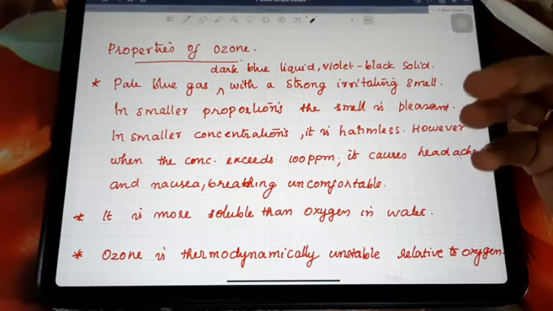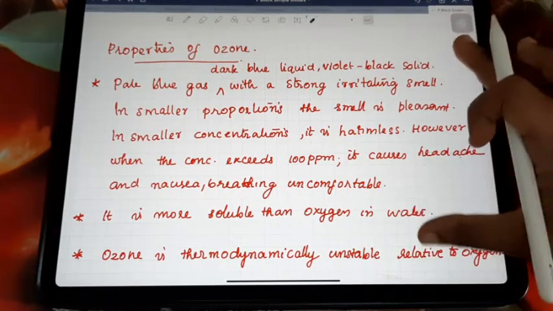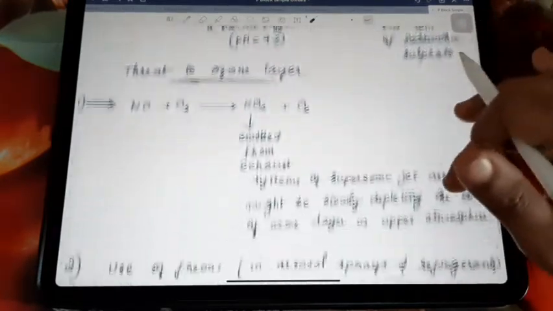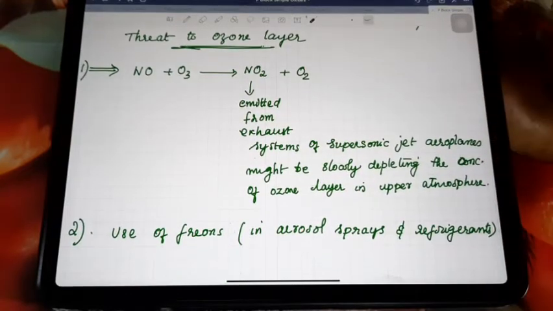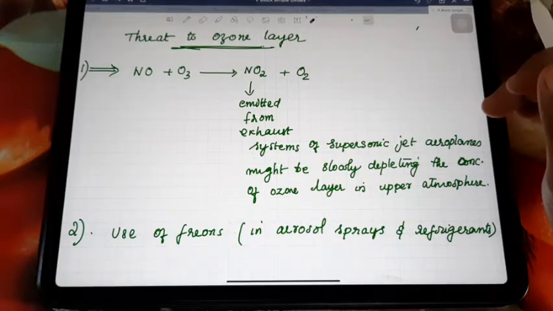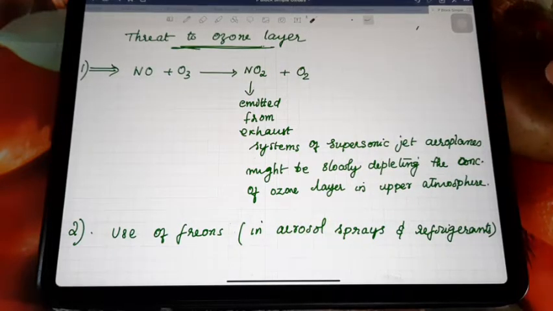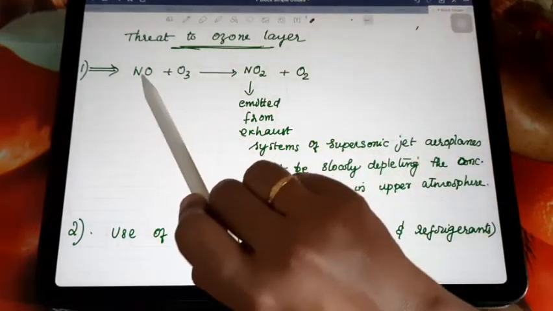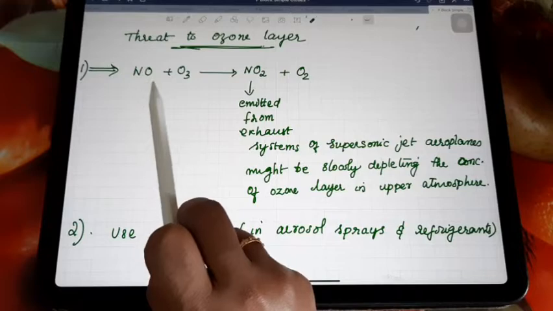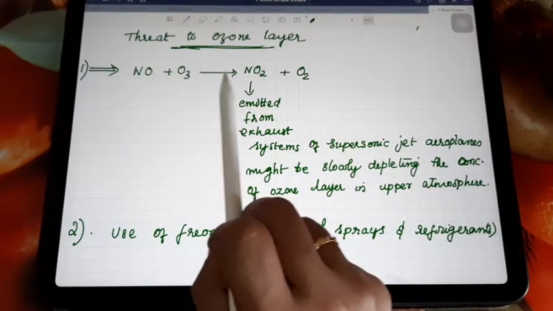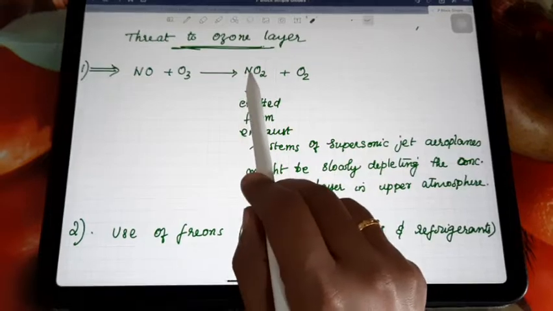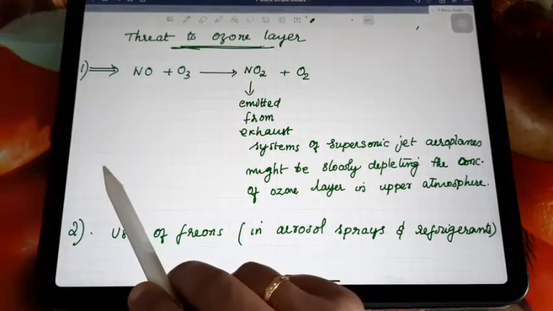But due to some problems, some threats are arising. The threats are mainly from supersonic jet airplanes, which fly through the atmosphere. When flying, nitrogen oxide, especially nitric oxide, reacts with ozone and results in NO2.